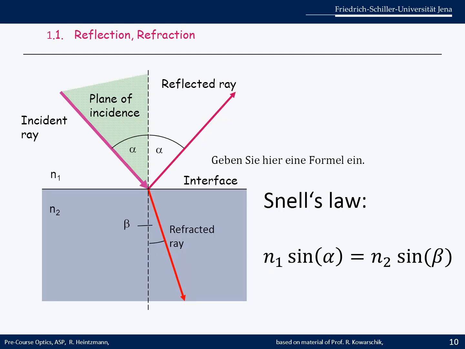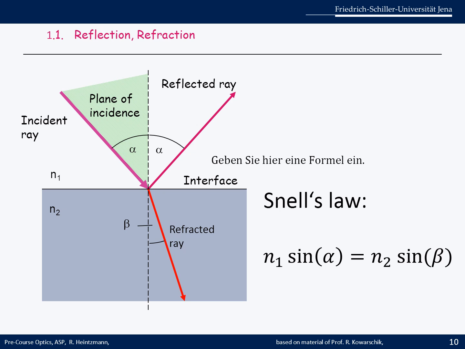Here you see a simple ray diagram where a light ray travels through one medium and hits an interface, where it transitions from one medium characterized by the refractive index n1, also called index of refraction, into a second material n2.